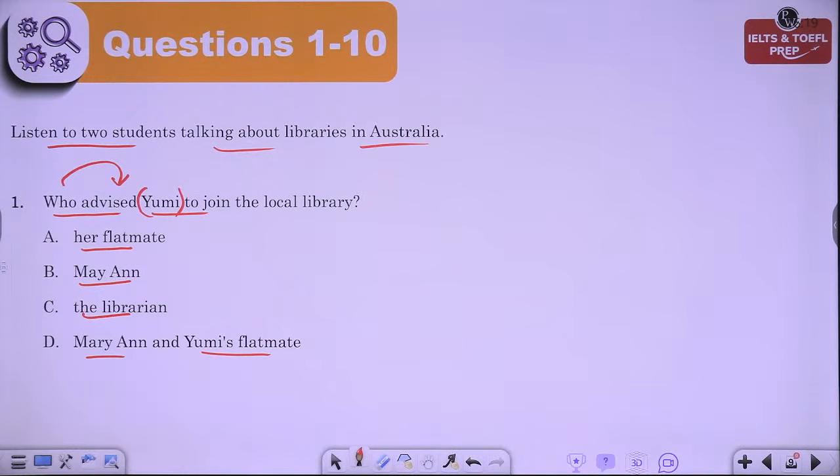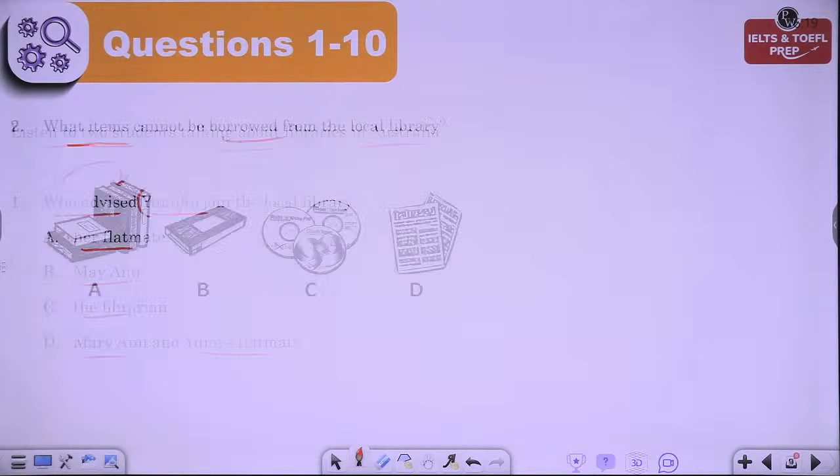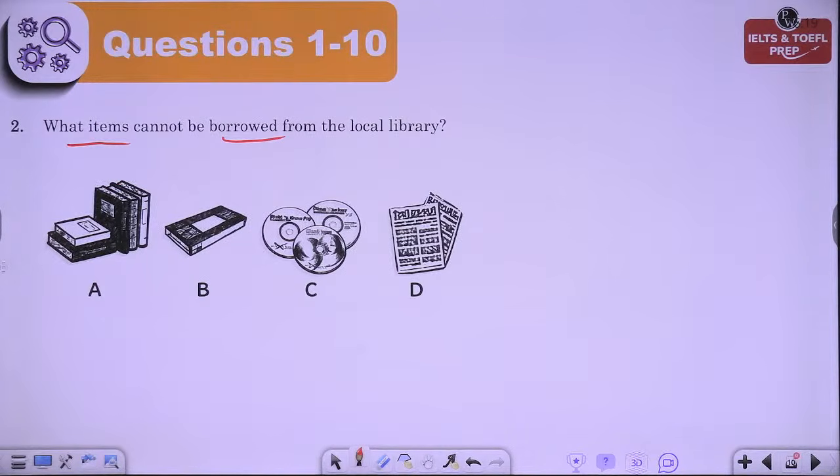That's good to hear. My flatmate said I should join the local library. Do you think that I need to? Well, I think it'd be a good idea. They probably won't have many law books in the library, but you'll be surprised at what they do have. Australian libraries are generally very well resourced. And hey, if nothing else, you can get free internet access.